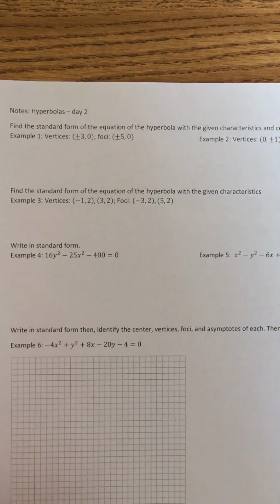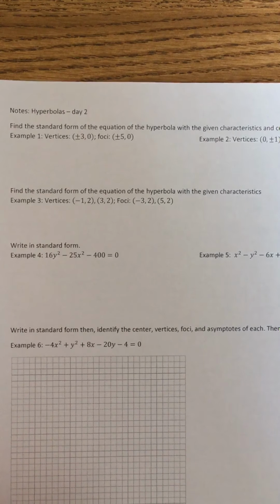Now, your vertices, going to your formula chart, if we look at the horizontal, they're your a values. So we have a, and they also give me the foci, which would be your c values. So I need to figure out my b value for my equation to plug in. So we're going to be using c squared equals a squared plus b squared.